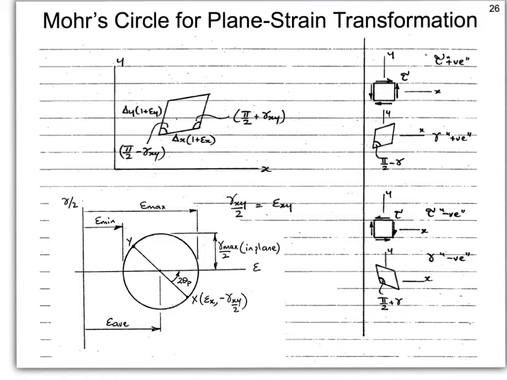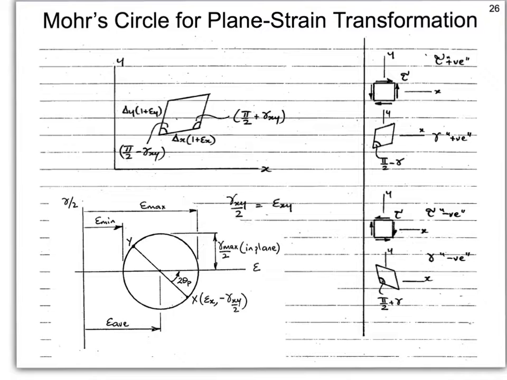So in plotting Mohr's circle for strain, we have again just 2 points, point X and point Y, that correspond to the normal strain in one direction and its associated shear strain divided by 2, and over here we would have the normal strain in the Y direction with its associated shear strain.